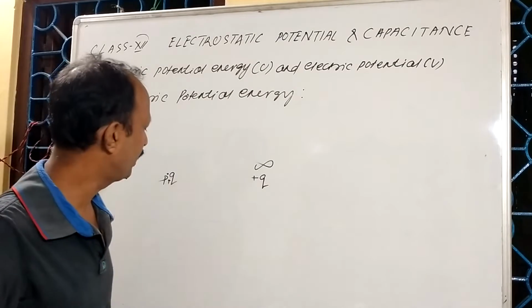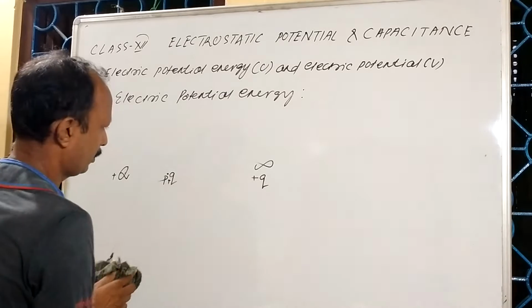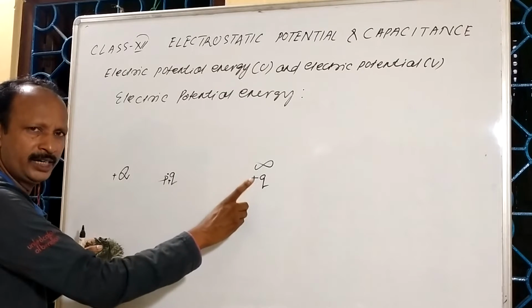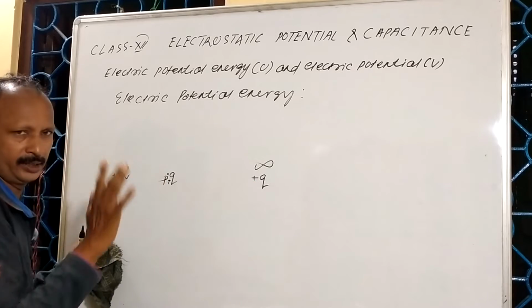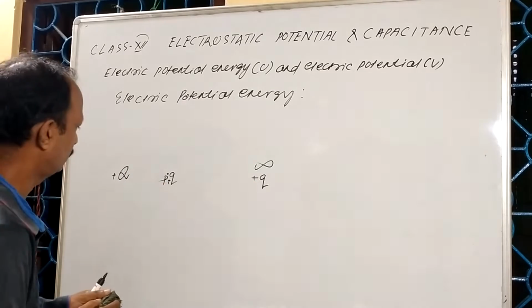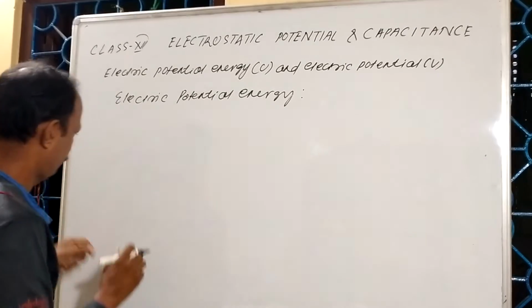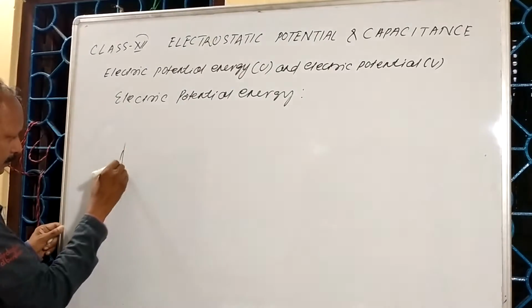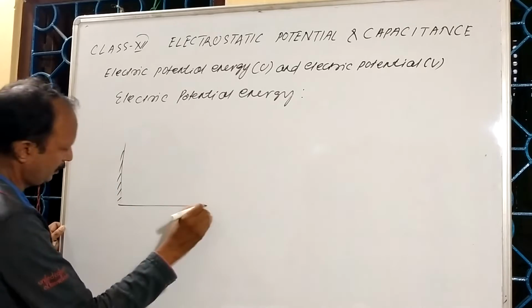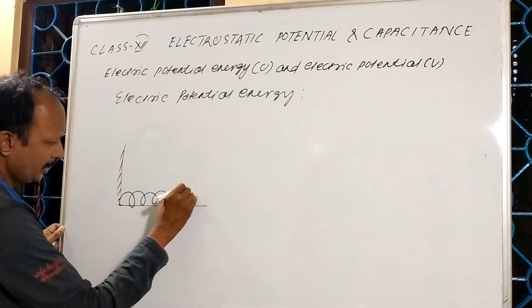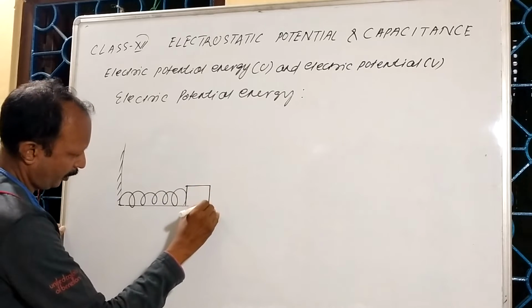I am giving one simple example, it will be clear. Why am I taking this charge from a point of infinity to this point? Listen carefully. Suppose this is fixed. One spring is there. Here I have taken one block.